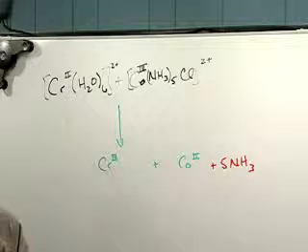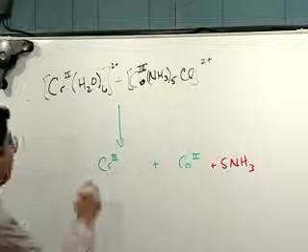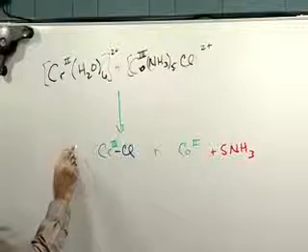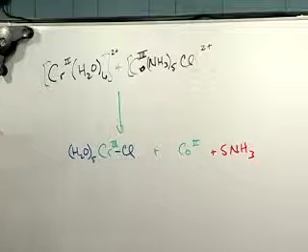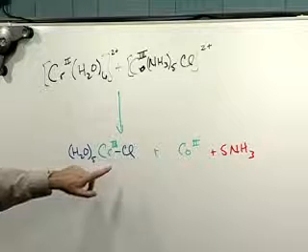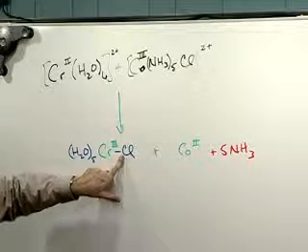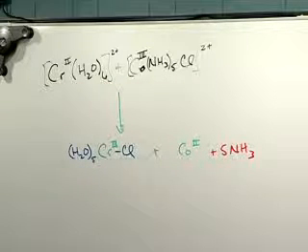But what he was looking for was whether or not this happened. If that happened, then that meant that there was a chloro that transferred from the cobalt to the chromium at the same time that the electron was transferring.